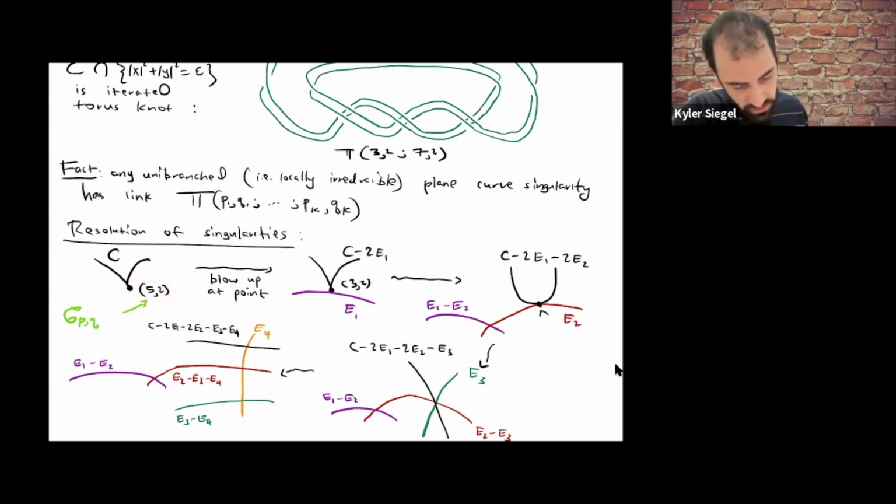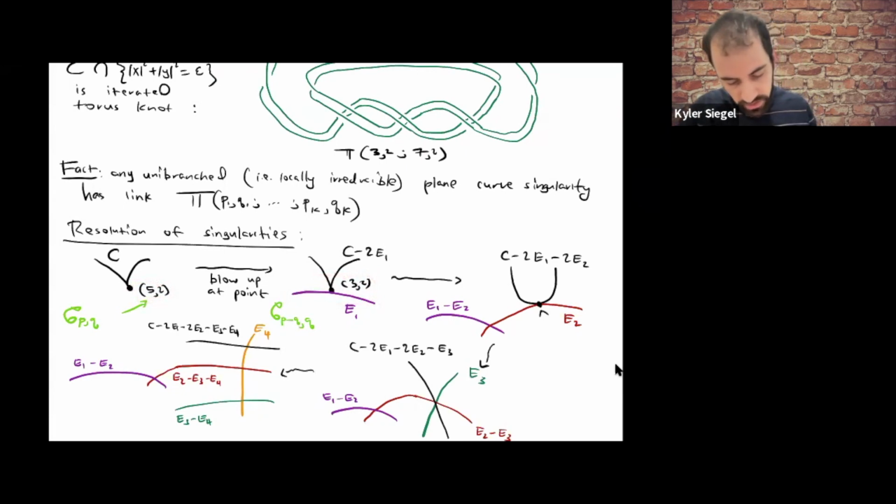So basically, you replace C_{p,q} with C_{p-q,q}. Okay, so it's still singular, but it went from a (5, 2) cusp to just an ordinary cusp. And you pick up this exceptional divisor E1, and then you can blow up again.